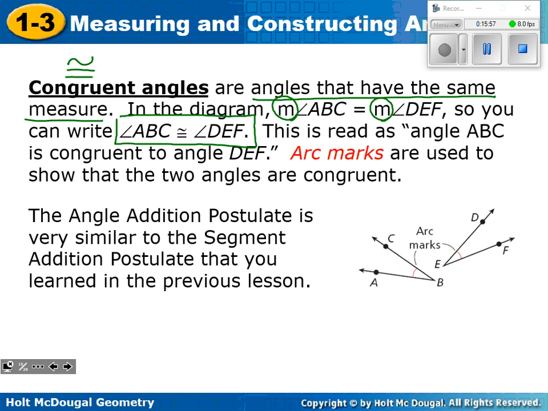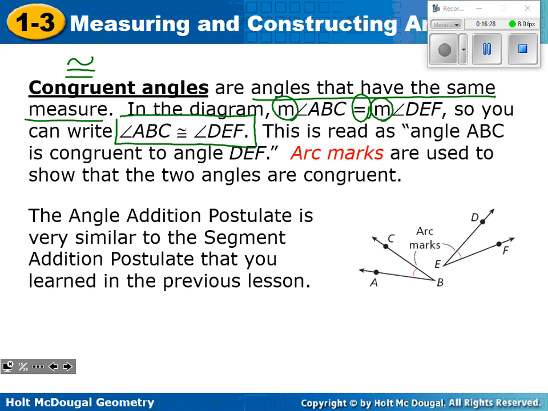So anytime you're giving me an answer on a homework question or on a test and you want to tell me the measure of angle R is 75 degrees, you put a little m in front for measure. If you're just naming the angle, then you leave off the m and you just name it angle R. Okay? So if you're saying that two angles are equal, then you'll have measure is equal to measure because you're talking about their number values. Otherwise, if you're talking about the shapes, they are congruent. Everybody clear with that? Okay.